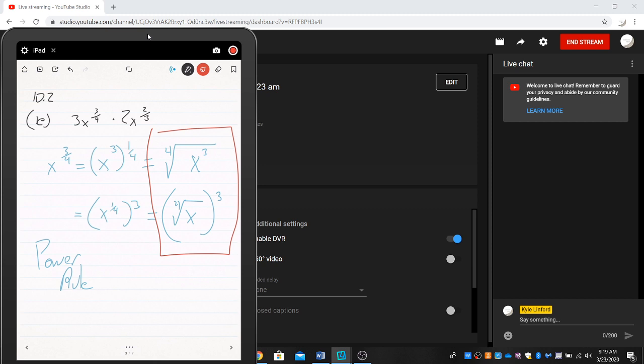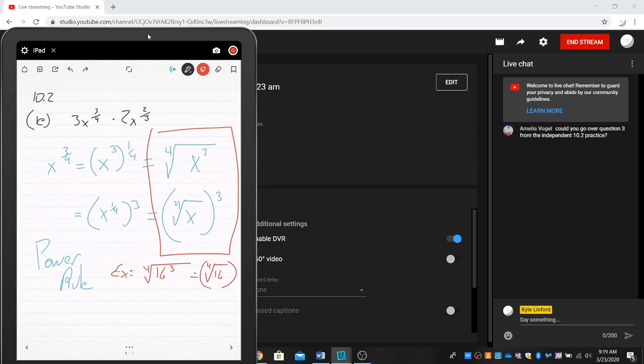And you can try this with numbers, right? Let's plug a number in. Let's plug in 16, okay? So, example here, and then I'll get back to the problem. Let's take 16. We could take 16 cubed, and the 4th root of that should be the same as the 4th root of 16 cubed.